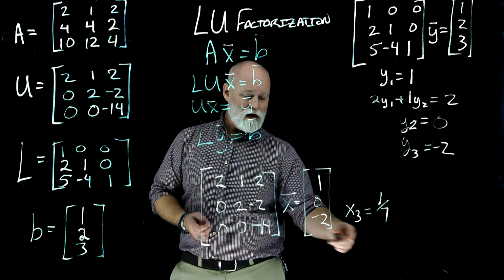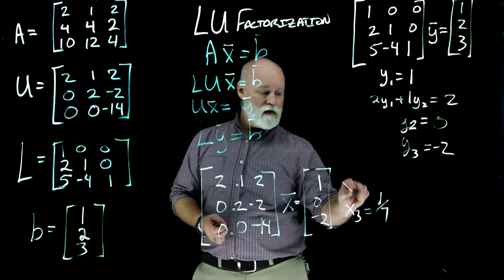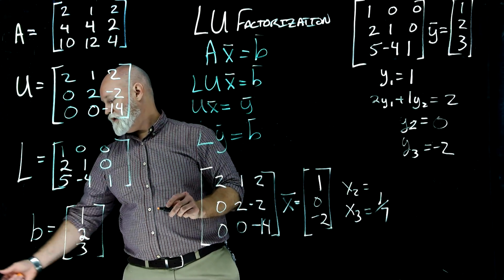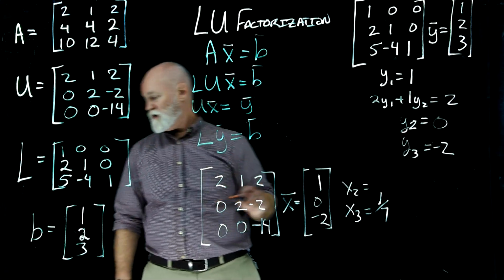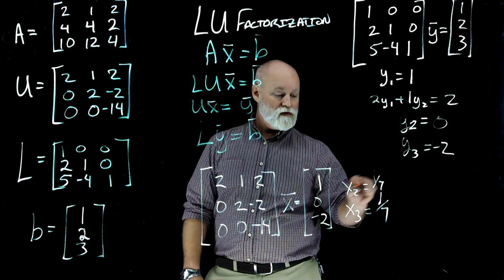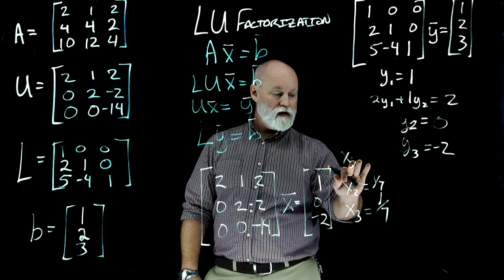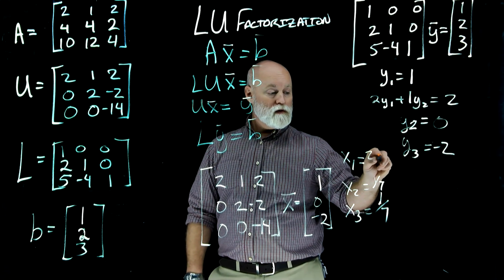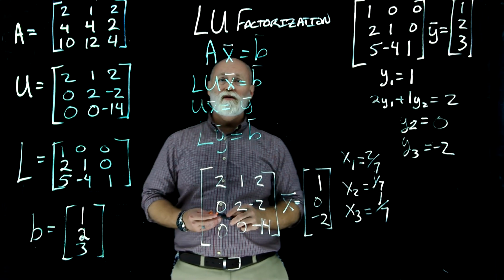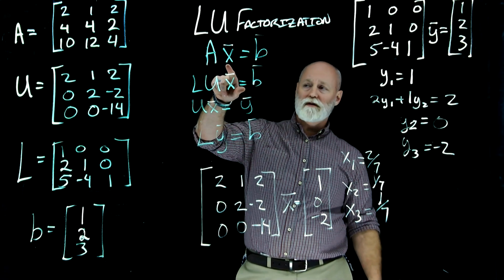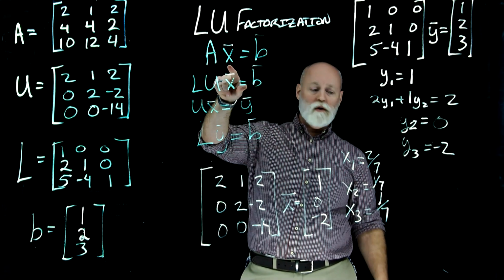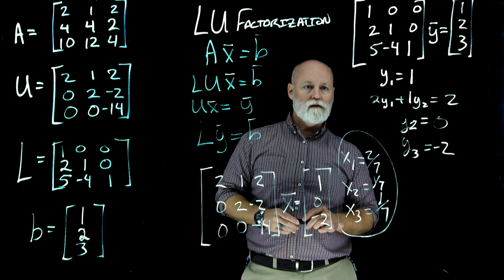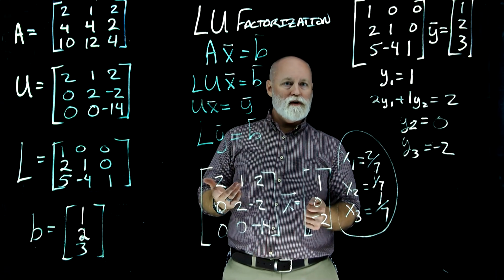Then you can use that and plug in backwards, and you find that x2 ends up being, let me check my notes, 1/7 as well. And then you find that x1 ends up being 2/7. So then you are able to find the solution to AX equals B, where X is going to be these values right there. And this is why we do LU factorization.